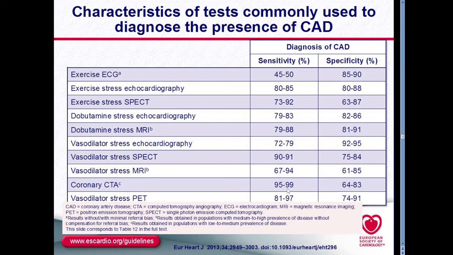Sure, the sensitivity of all the methods is rather good. Specificity also varies, but if we take into account the prices, the expenses for any method, the cheapest is exercise ECG, and I'd like to add the exercise stress echo. All the other methods are rather expensive.